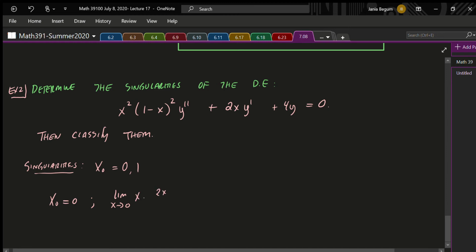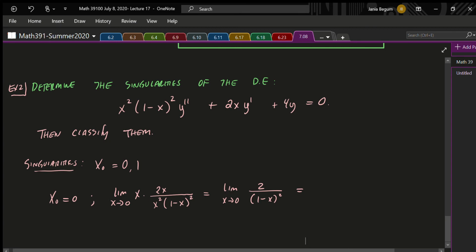That's 2x over x squared times (1 minus x) squared. We simplify first before taking the limit. As x goes to 0, 2x and x will cancel out, so you have 2 over x times (1 minus x) squared. Plugging in 0, this limit will just be 2. Okay. So this is finite.